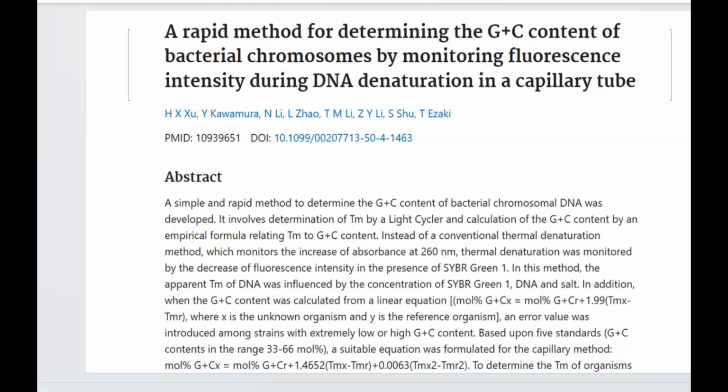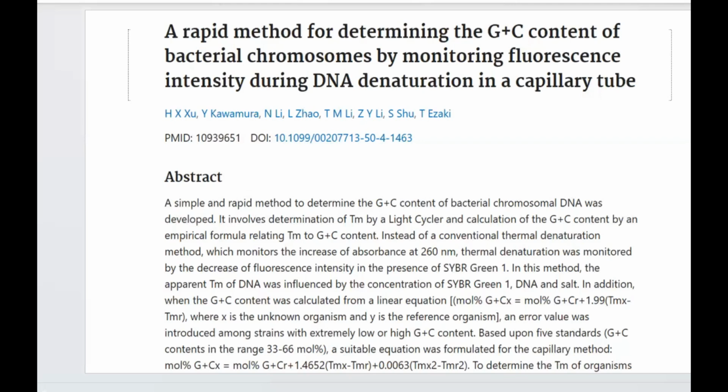So what are x and r? x is the unknown organism and r is the reference organism. What is important here is that you are comparing this method's performance with the help of a standard, a reference. What is the reference? A bacterial isolate whose DNA is completely sequenced, whose Tm value is already calculated, and whose GC content is also known.